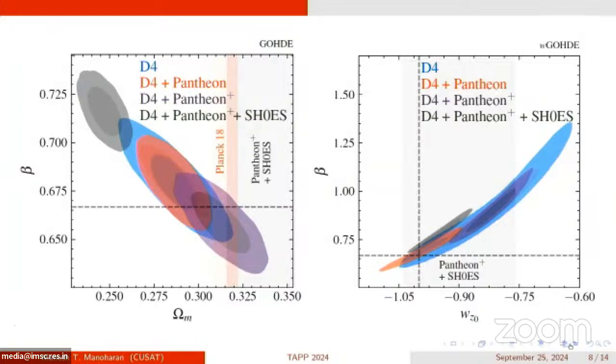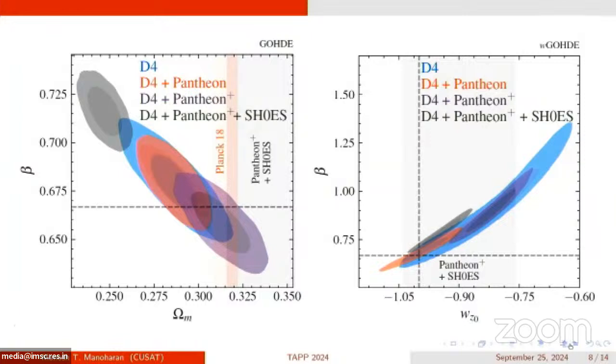And we can see that it is mostly lying in the quintessence region, which means quintessence is preferred. One can also say that this is supported by the recent DESI result, which also prefers a quintessence kind of behavior for the dark energy, although it might have been phantom in the past, but at least in the present, it behaves like quintessence. So this is the confidence contour for this analysis.